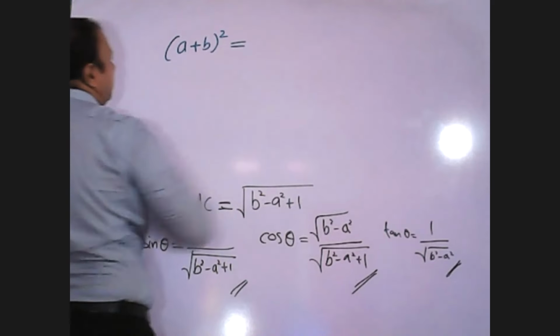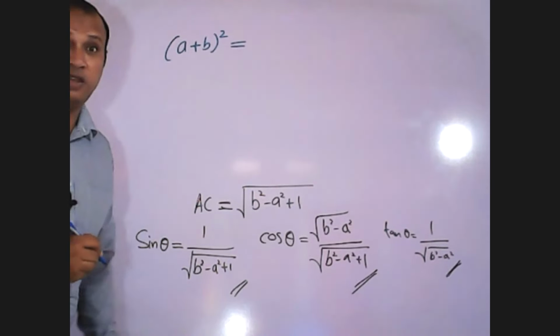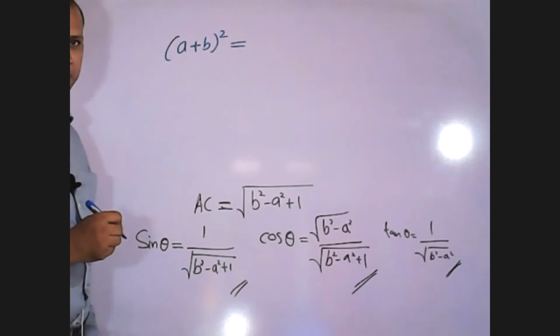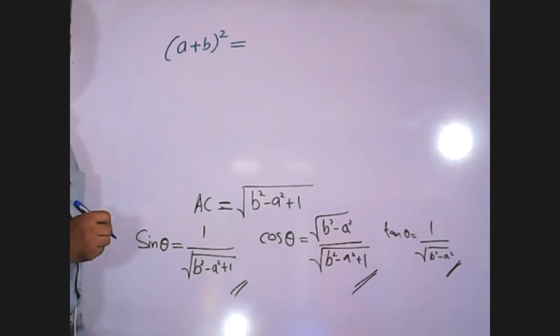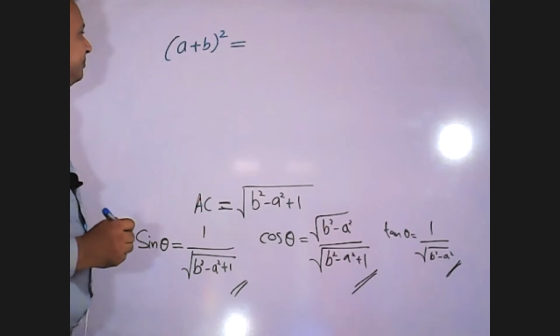What is the answer for a plus b whole square?